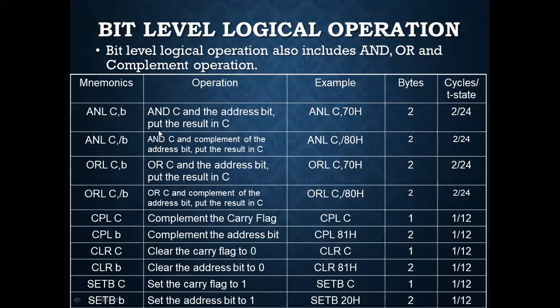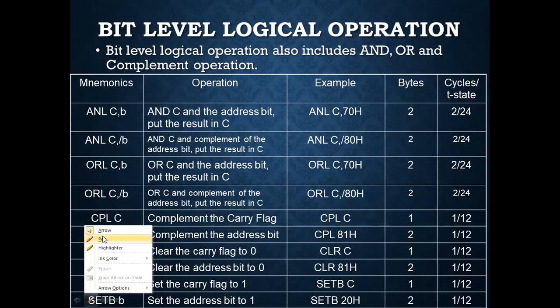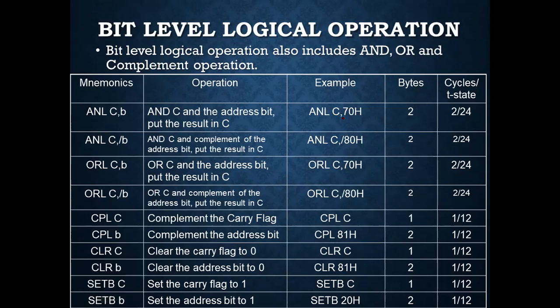Okay, so suppose this 70H memory location is a bit. This particular memory location is located in the internal RAM bit addressable area, so this address can store a single bit of data, either 0 or 1.